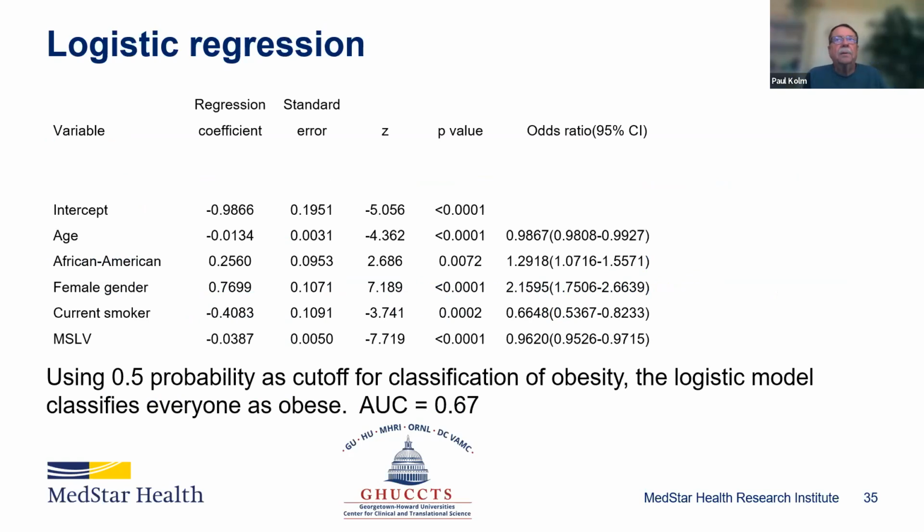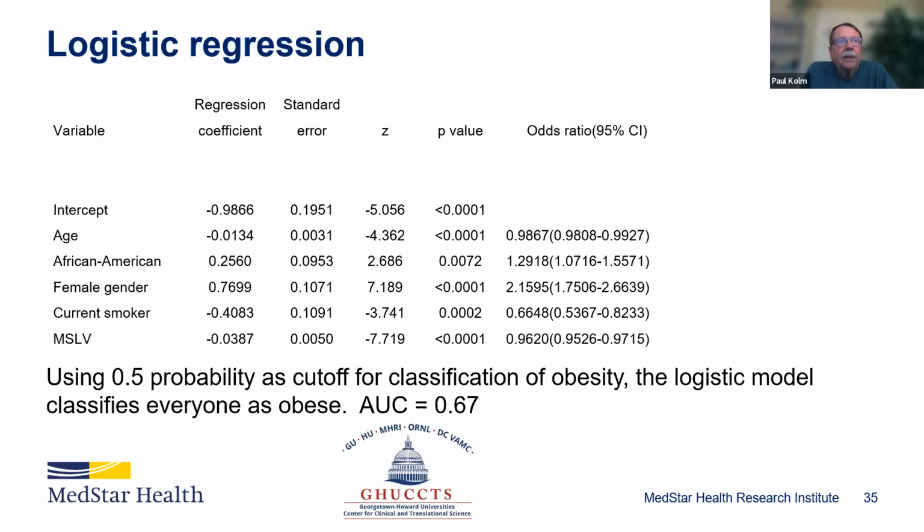So then the other thing I did was to do a logistic regression where I've dichotomized BMI at 30. Again, you can see that we have statistically significant p-values for the 5 predictor variables and their odds ratio.